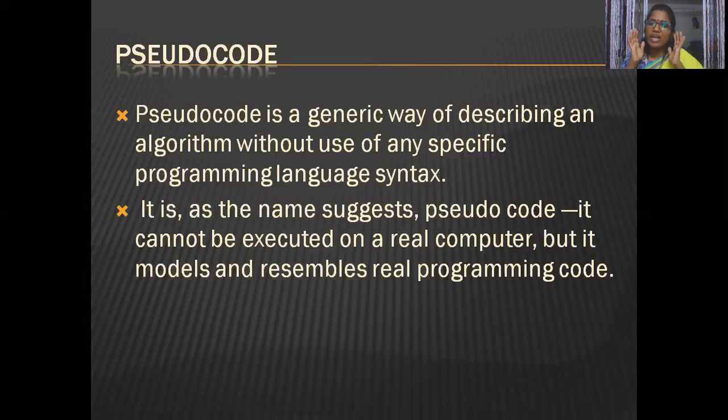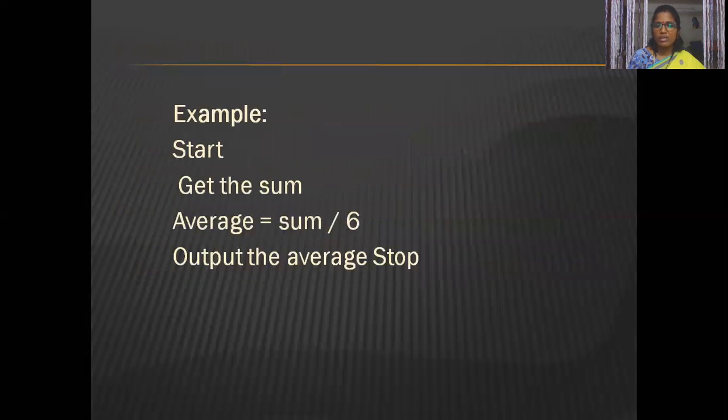So it is similar to an algorithm, whereas the algorithmic steps are convertible into programming instructions because they follow some syntax of programming languages, whereas pseudocode does not follow any syntax. A simple example I have taken: start, get the sum.